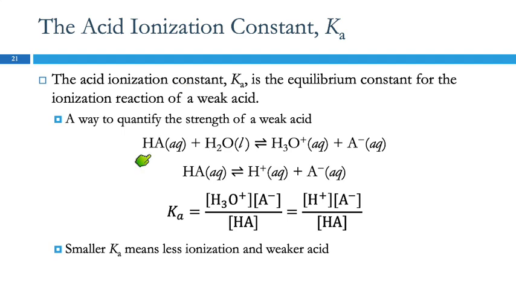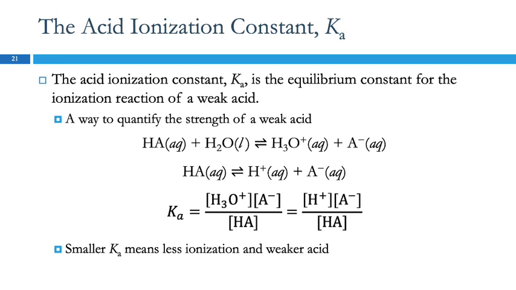So if we look at this acid interacting with water, it forms H3O+ and this conjugate base, A minus. So we can write an equilibrium constant expression for that. It's the concentrations of the products divided by the concentrations of the reactants. Why is water not in there? It's a liquid and its concentration doesn't change.